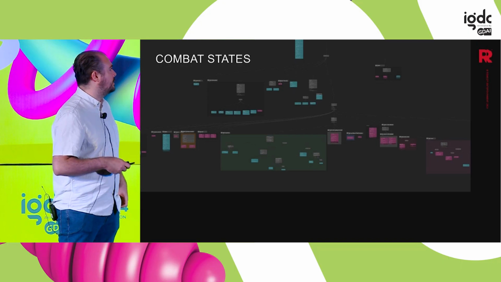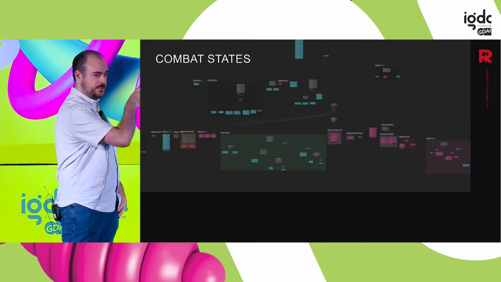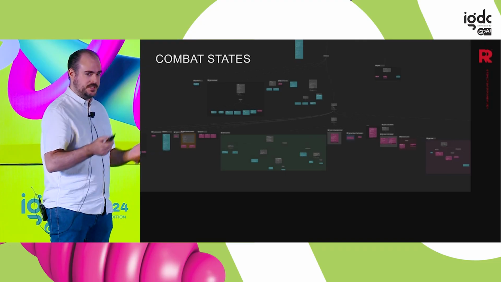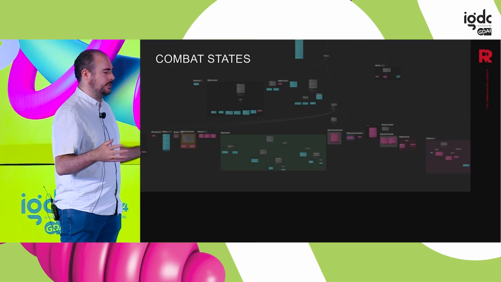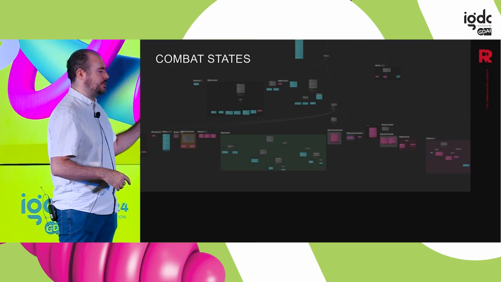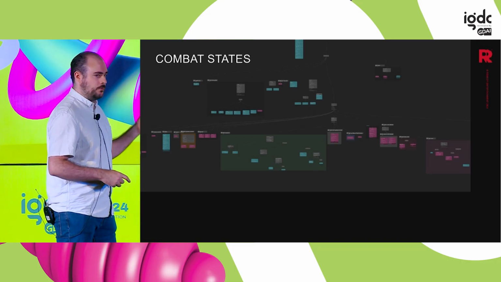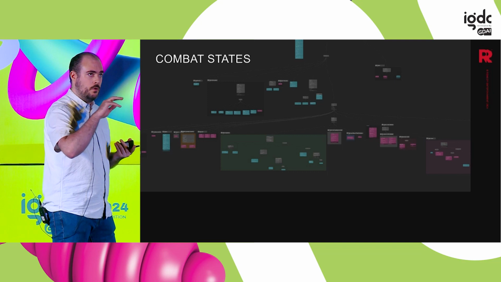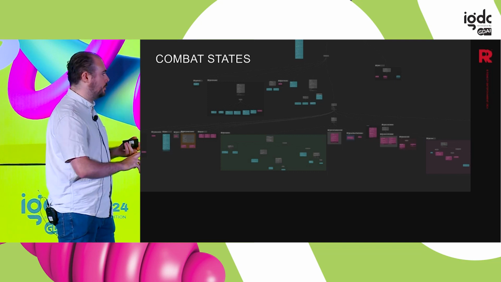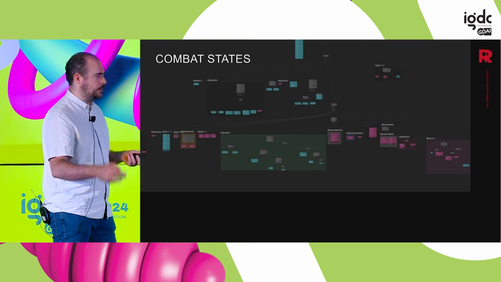But what's important about this slide is to understand that all those tiny pink nodes in the bottom are states. They are states inside a finite state machine which the designers implemented just in this behavior tree. The lower left, for example, has things like throwing grenades, going berserk, and some other abilities.